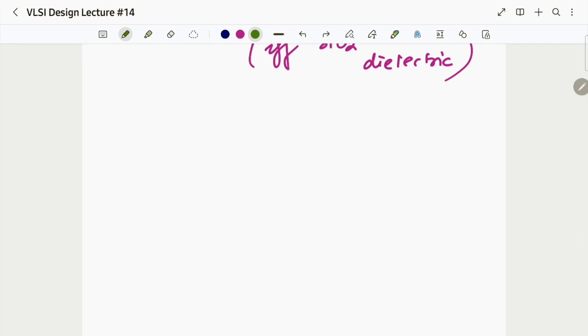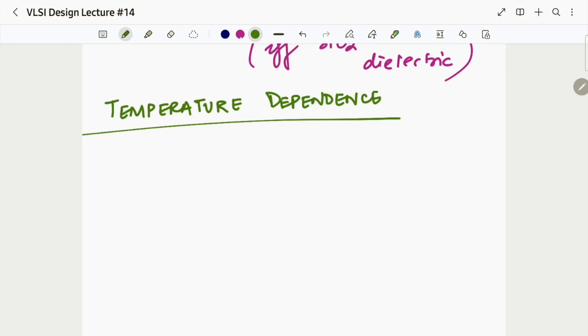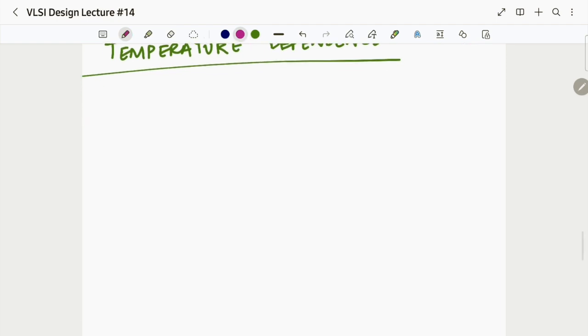Now the next topic is temperature dependence. Now, I don't know about you guys. If you are the current generation, if you have some elder siblings or elder cousins, you can ask them this.